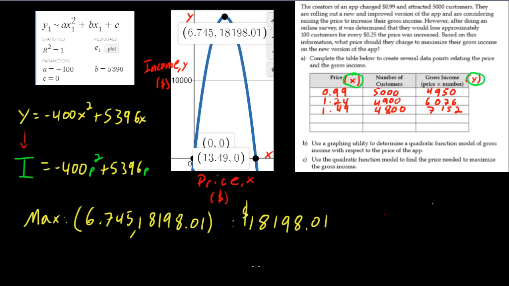We're going to put the unit of dollars here. The price needed for the app, and that might shock you, is going to be 6.75. We're going to round to 2 decimal places since we're dealing with money. It wouldn't make sense to have a third decimal place.